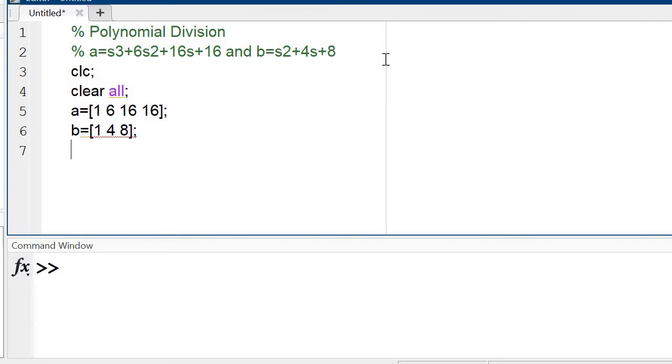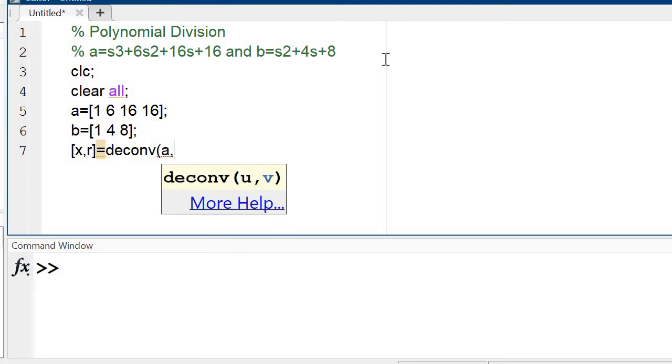Now how to divide this part? In the output we have a quotient and remainder. So I am taking x comma r equal to deconv of a comma b.